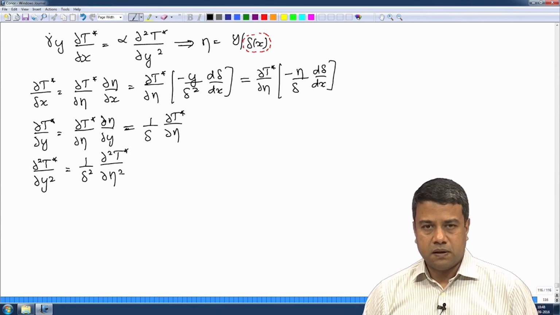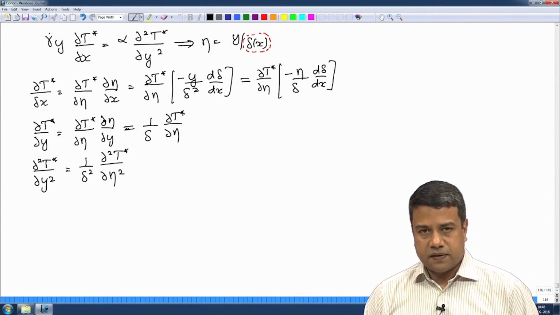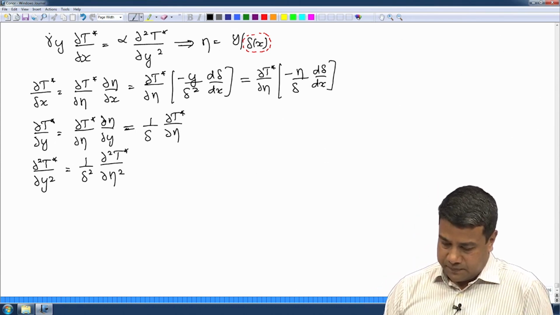And now I have to collect terms on the left and the right sides. So, let us do that.